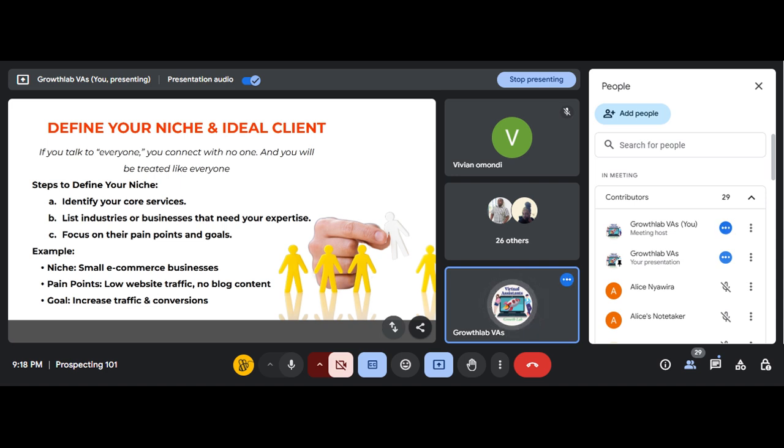Then your skills are the bridge between their pain points and their promised land. So if they don't have that system, for example, that's their problem. Their future or their promised land is that they'll have a system. The skill that I have is for system creation and automation.